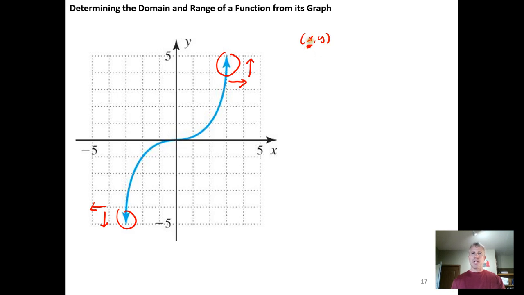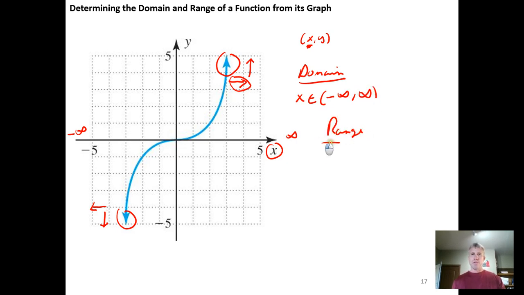Our domain is talking about where do the x's live. X is an element of what interval, and here we see that the x's are running off towards negative infinity on the x-axis. And this arrow here, because of this horizontal component that's heading towards infinity along the x-axis, x is going to be an element of the interval from negative infinity to infinity.